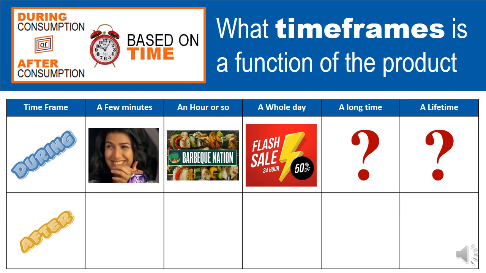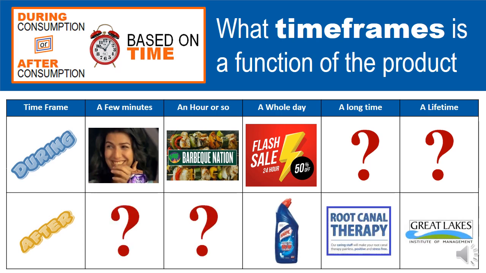The value can last for about an hour, maybe slightly more. Take a flash sale from Amazon. The value itself is for 24 hours, or that's a promise of the brand. Now, for during, conceiving a really long time value looks difficult. But move to after. Again, in the case of after, short time values look difficult.